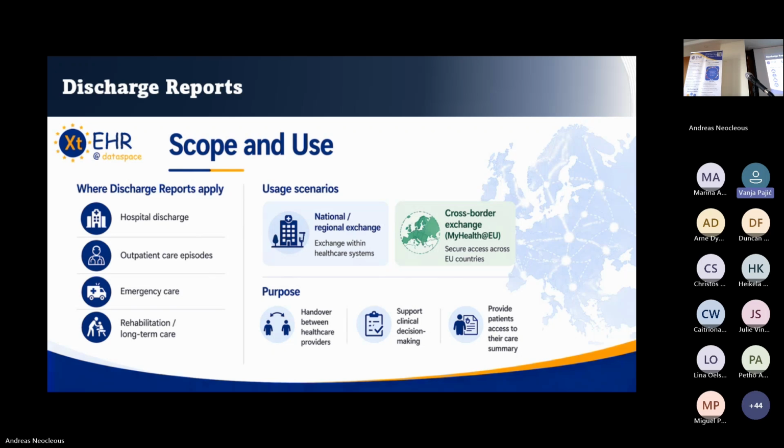Similar to other priority categories, we were considering this on the national and regional exchange levels, but also on the cross-border exchange level, having the MyHealth@EU future services in mind.